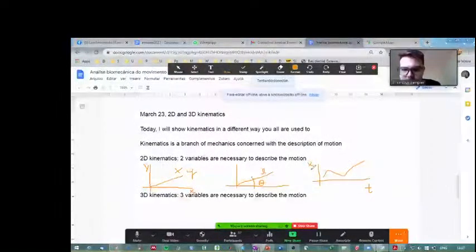But you can also show this position using this description.